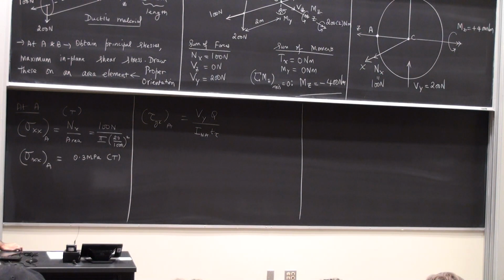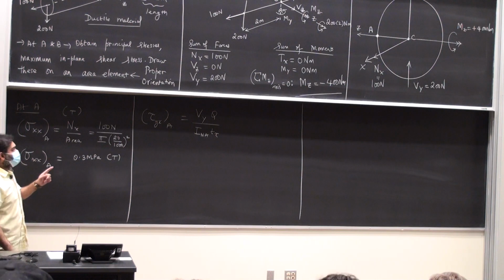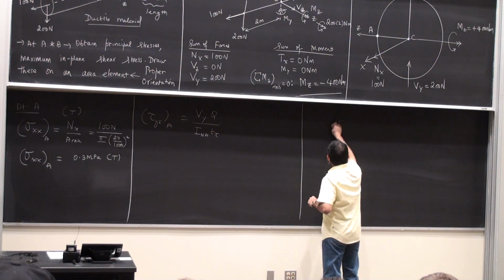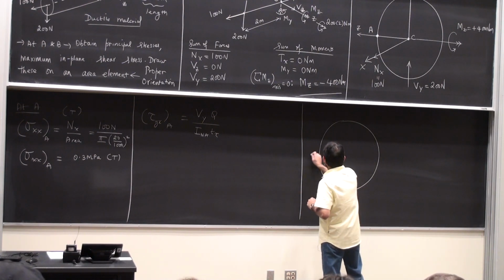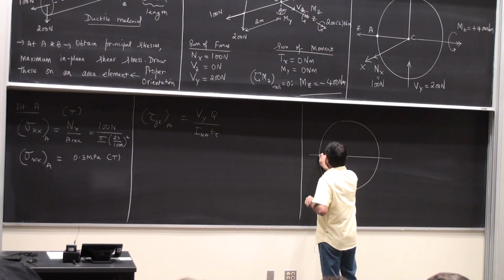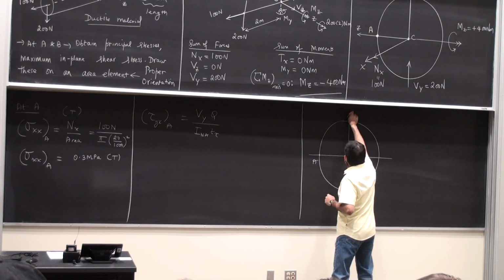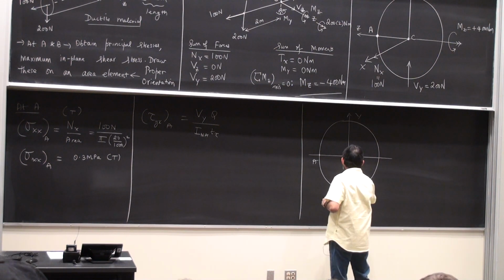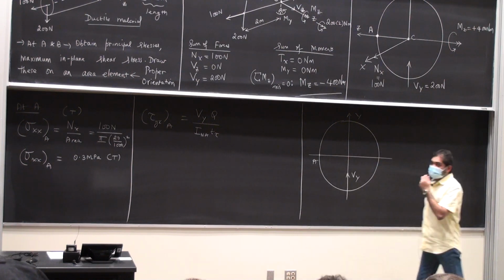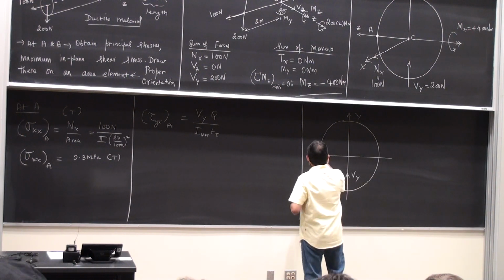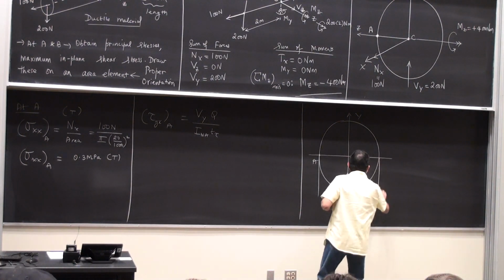What are all these quantities for us? Vy is 200 newtons. Maybe I'll just do a quick sketch here. This is Vy. The thickness t is going to be 2 times the radius, starting from here, all the way to there.